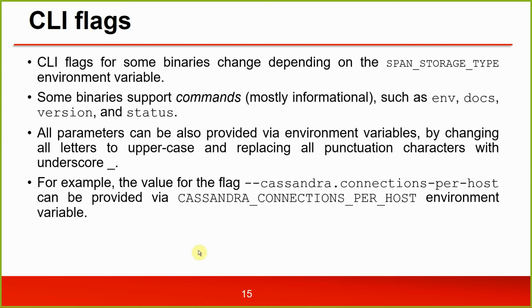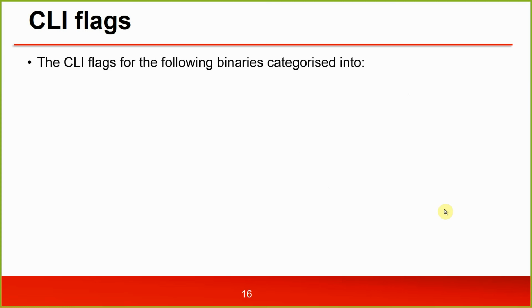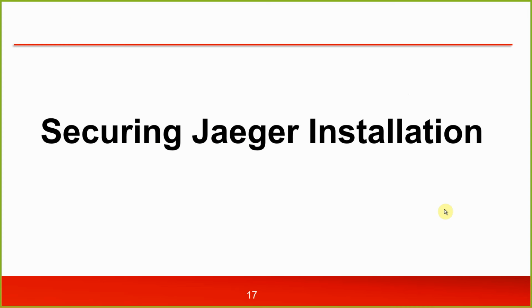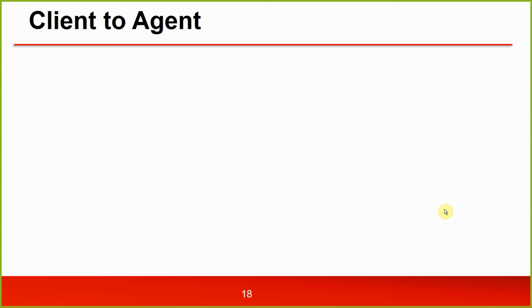For example, the value of the flag cassandra.connections-per-host can be provided by the uppercase CASSANDRA_CONNECTIONS_PER_HOST environment variable. The CLI flags are categorized for the following binaries: Jaeger all-in-one, Jaeger agent, Jaeger collector, Jaeger ingester, and Jaeger query.